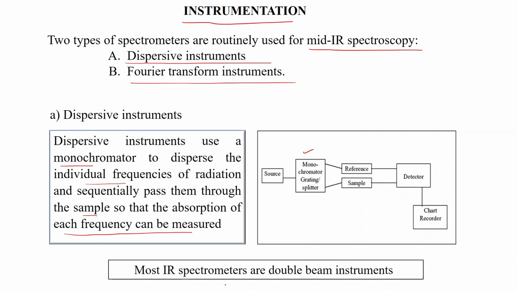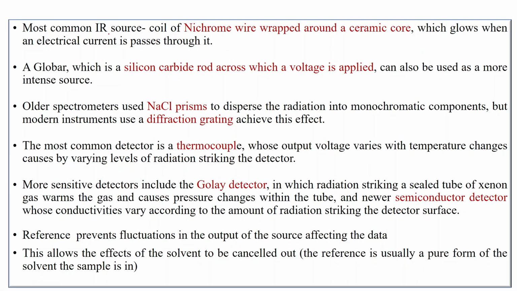Most IR spectrophotometers are double beam instruments, that is, we take the reading of the reference as well as the sample simultaneously. Sequentially means one by one through the sample, so that the absorbance of each frequency can be measured and ultimately the spectrum is obtained.